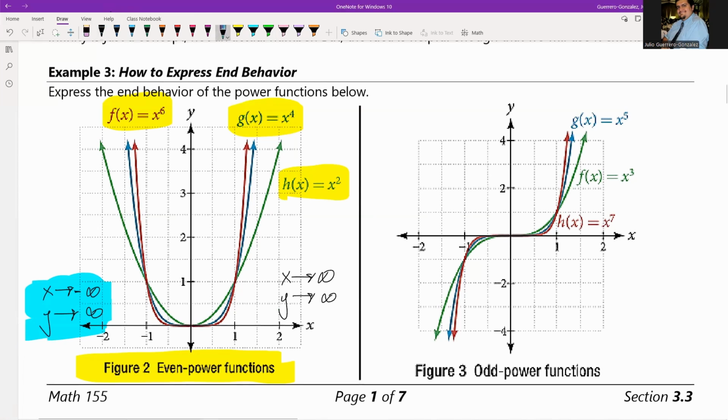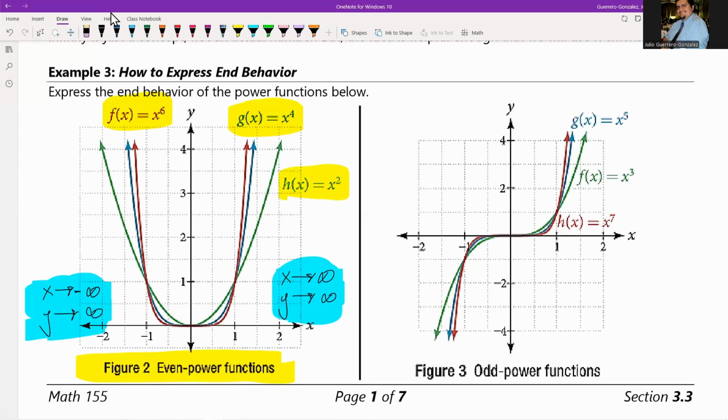And if you look, as we go that way on the x-axis, my y values just shoot upwards. So this right here is how we describe the end behavior on that side for even functions.